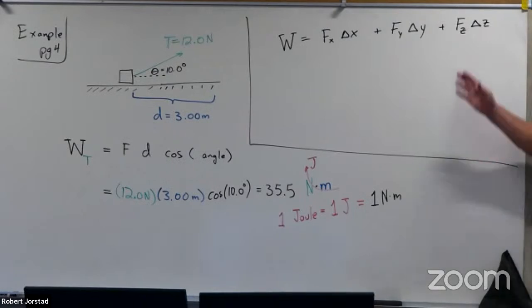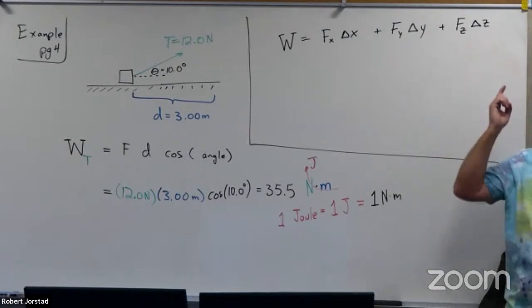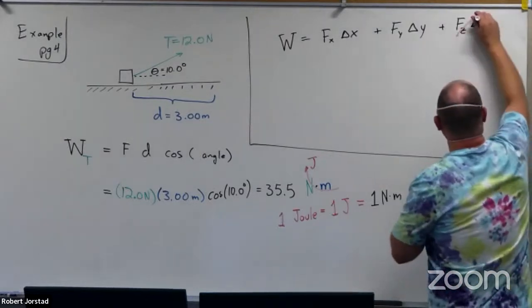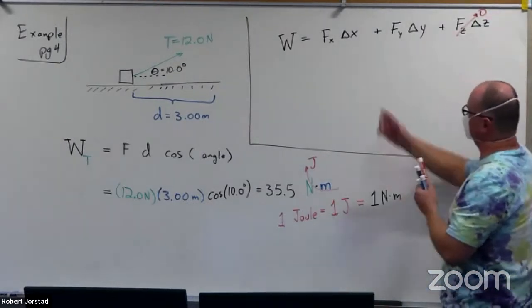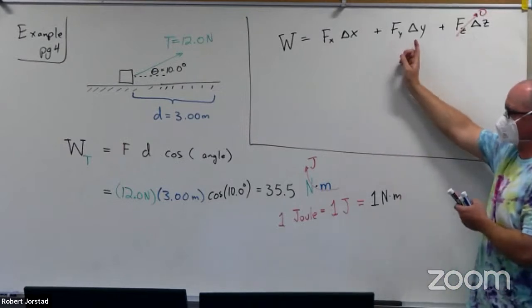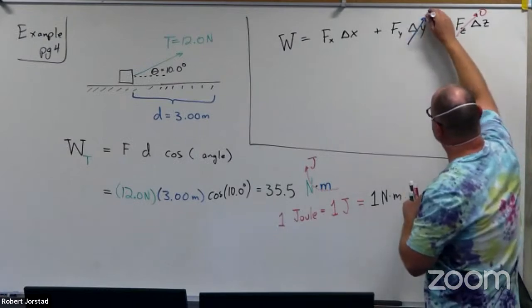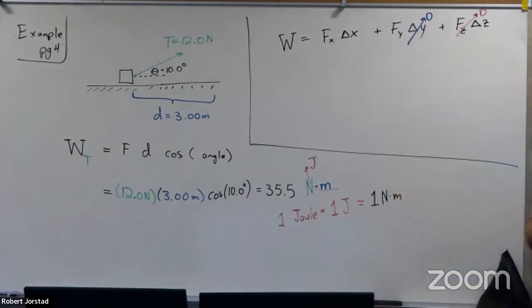Help me out. How much of this force is in the z direction? None. How much does this block move up and down? So we don't need this, right? So even though this looks a little bit more complex, it very rapidly becomes easy.